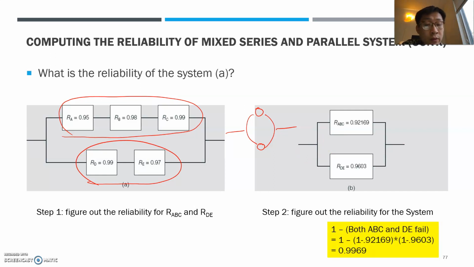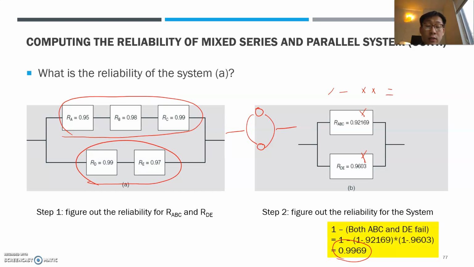With a parallel system, you consider the chance of both ABC failed and DE failed, and that probability is 1 minus this multiplied with 1 minus this. In other words, you are considering the chance where both of them have failed. This guy failed, and this guy also failed. As long as we rule out the chance that both of them have failed, we can obtain the reliability of the overall system, which here is 99.69%. Okay, so it's fairly straightforward.